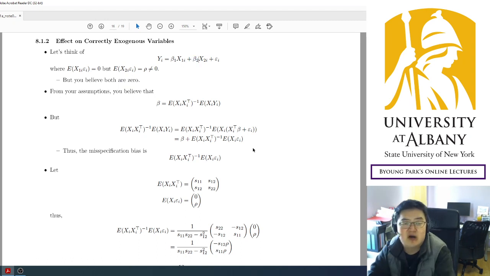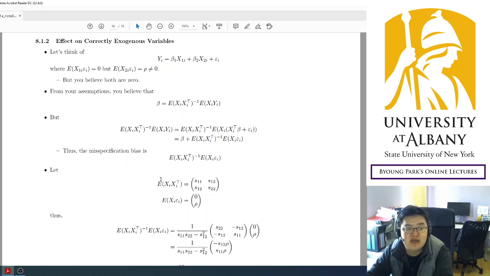We are going to derive each of them, because this example is simple enough: it is 2 by 2, so you can calculate the inverse of x prime x by hand.